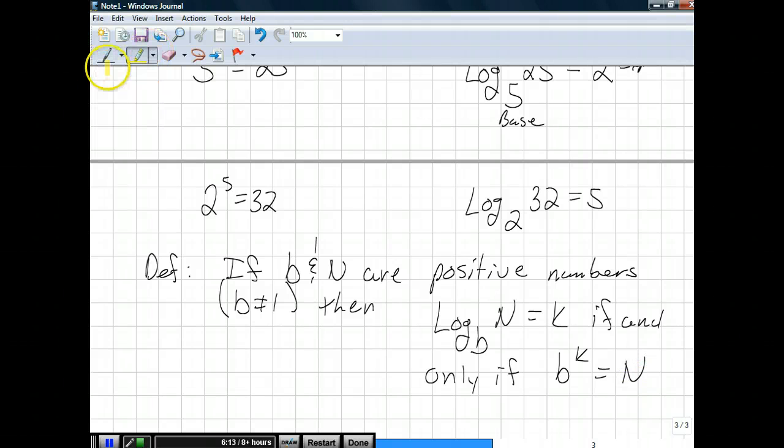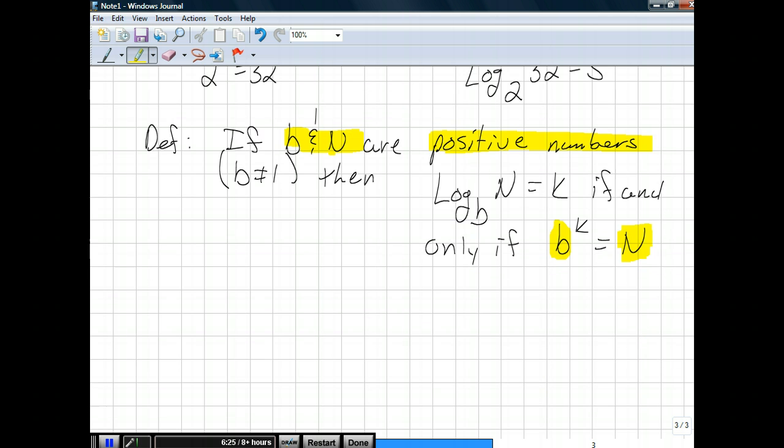Notice that from the definition, b and n are positive numbers. That's a really important thing. So the base and the value always have to be positive. Okay? And so we have some properties of logs.